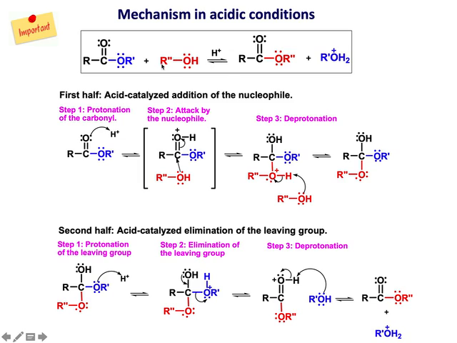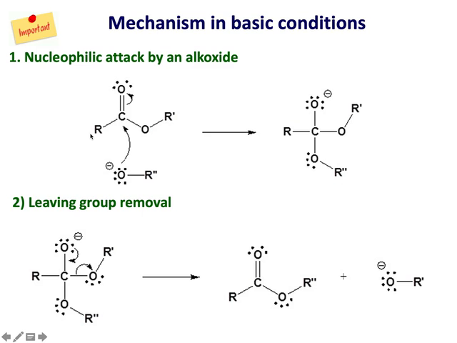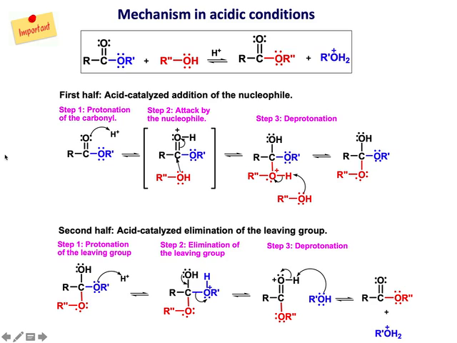In acidic condition, the first half is acid-catalyzed addition of nucleophile. First step, protonation of the carbonyl. It's different from basic, because the base is a very strong nucleophile, but the alcohol is very weak. So we need to protonate the carbonyl to activate it, so it is easy for the nucleophile to attack.